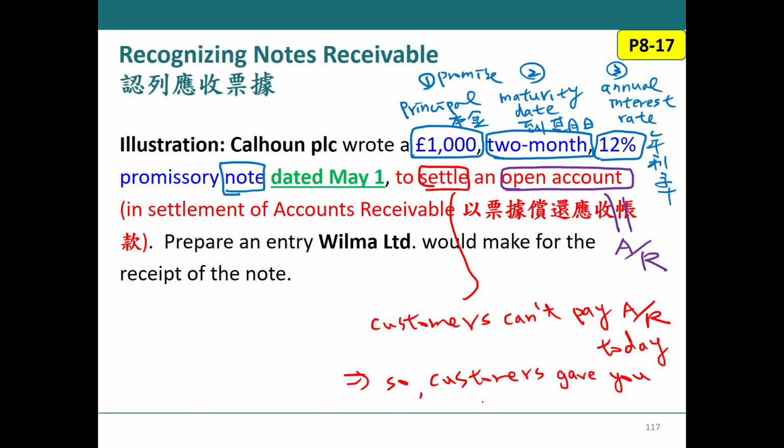They use note to replace accounts receivable.